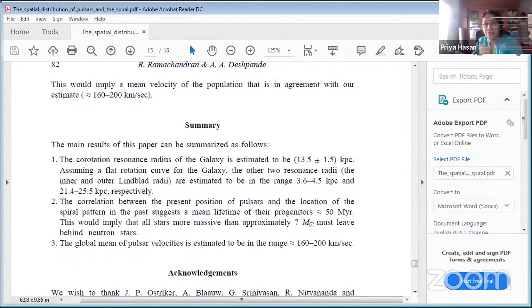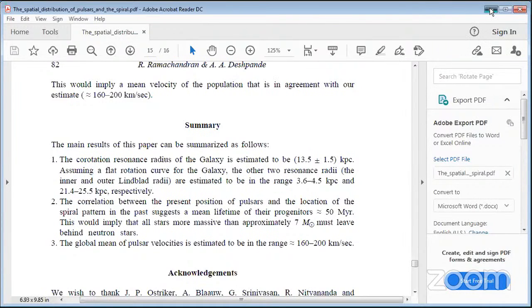Another thing: when you made that plot of the distance from the spiral arms, how do you know the exact location of the spiral arm? So that's a model dependent number. One has spent a lot of effort in tracing the spiral arms, or deciphering the spiral arm structure in our galaxy. This is helped by a variety of studies.